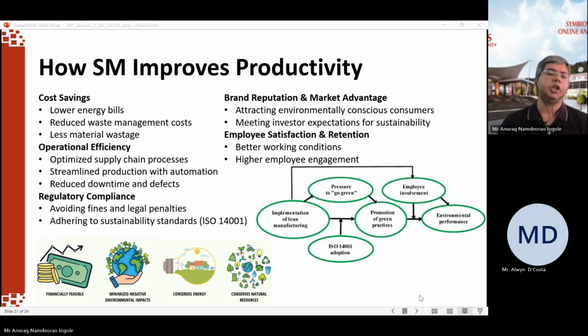Then operational efficiency. One of the strategies was lean. What lean is going to help you with is optimizing your process flow and streamlining your processes. That will help you increase your operational efficiency. Lean is just one of the approaches.